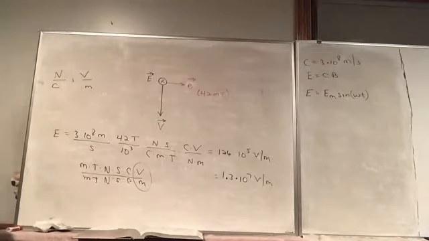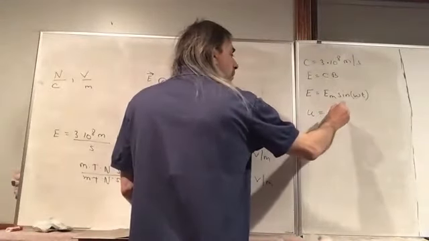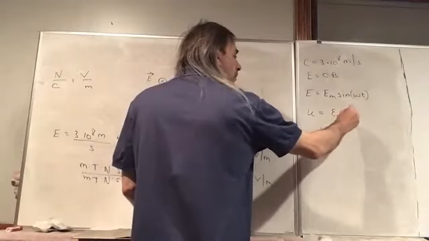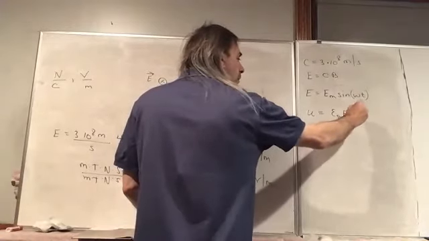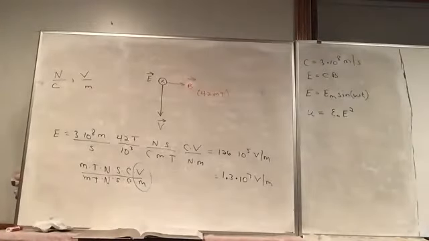All right, now one of the important things waves do is carry energy. And we can define the intensity. Let's talk about the energy density of a wave. Probably the easiest way to write that is epsilon naught E squared.